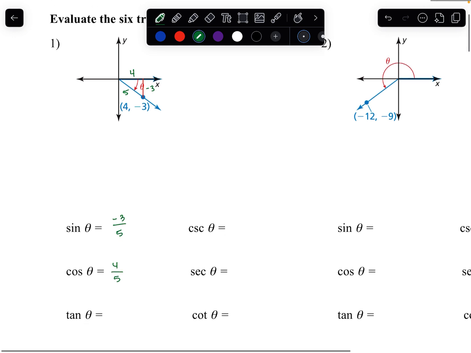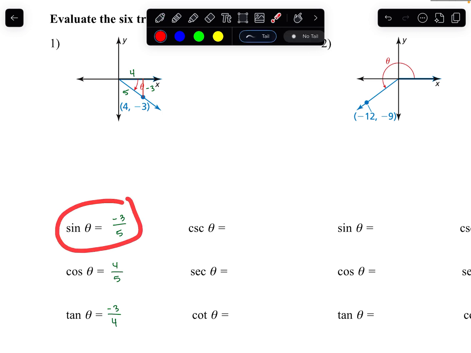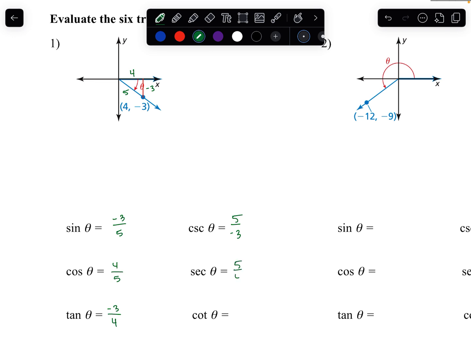For tangent, the opposite, -3, over the adjacent, 4. For cosecant, the reciprocal of sine, 5/-3. Secant is the reciprocal of cosine, so 5/4. And cotangent is the reciprocal, 4/-3.